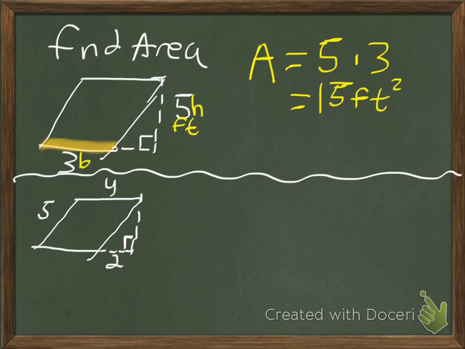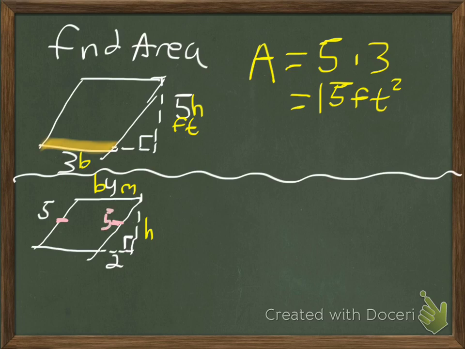So then, let's try the other one. Well, I definitely have a base of, let's say this is in meters, 4. And I have a side of 5, but I don't have a height. I need to find it. Well, what do I know? This is a parallelogram. Opposite sides are congruent. So that is also a 5. Oh, look.